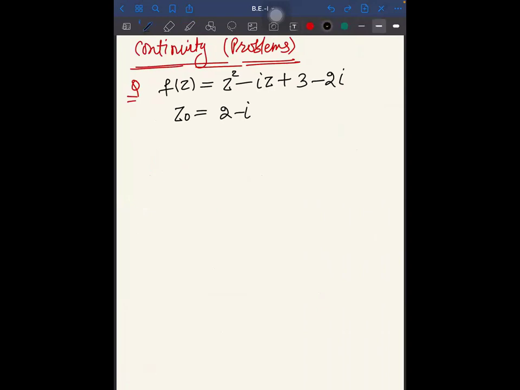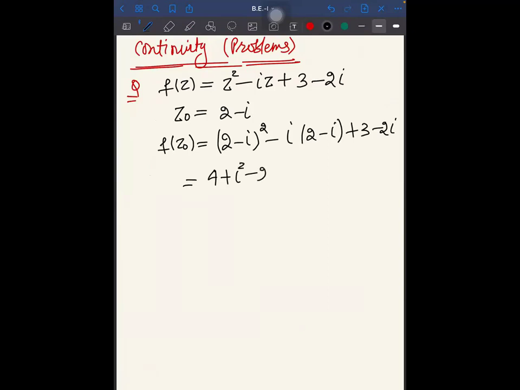So f of z naught is 2 minus iota whole square minus iota times 2 minus iota plus 3 minus 2 iota. That is 4 plus iota square minus 2 iota minus 2 iota plus iota square plus 3 minus 2 iota. So this becomes 4 and 3, 7; 7 minus 2, 5; and 2, 2, 2, so it becomes 6 iota.